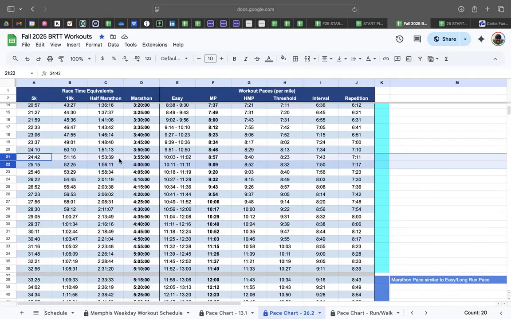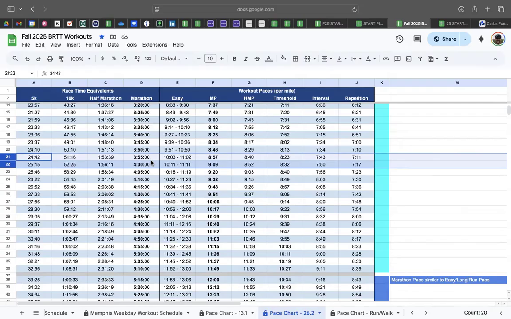And then it's going to give you half marathon time somewhere between 1:53:39, 1:56:11 is what you'd be shooting for, or a marathon time between 3 hours and 55 minutes or 4 hours is what you could reasonably expect to run based on all these pace charts, which are built off of years and years of data and physiological research. And so this is giving you a good idea of, okay, so I ran a 25-minute 5K. I could reasonably expect to run a 3:55 to a 4 hour marathon.